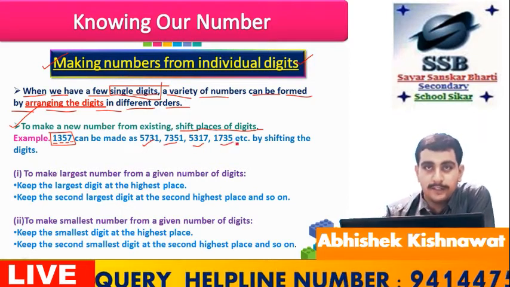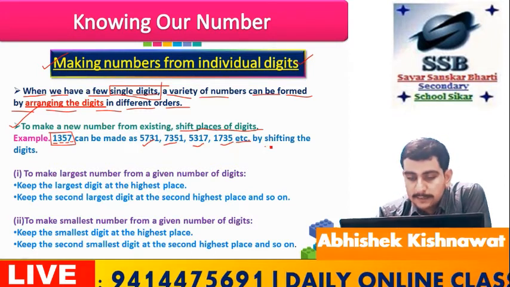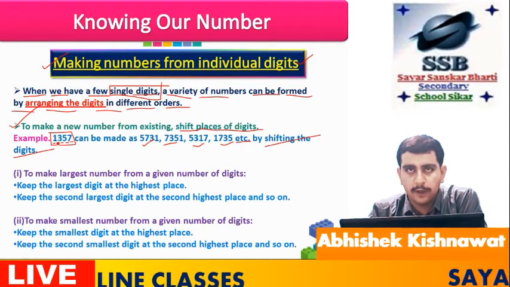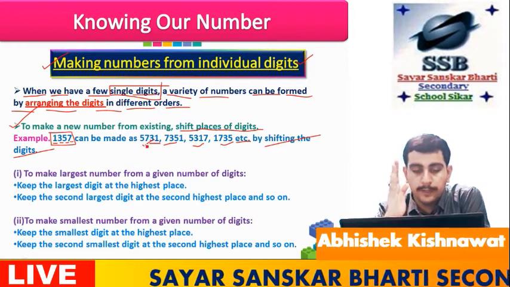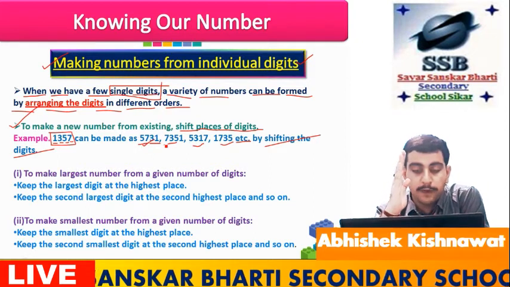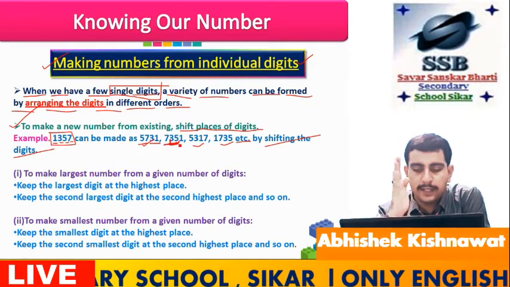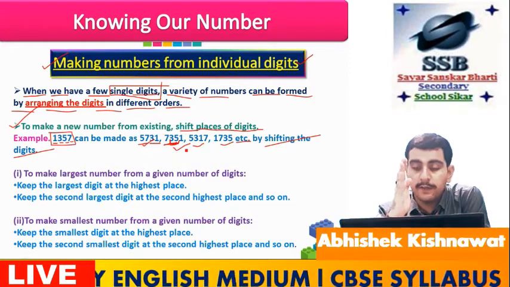You all get it from this example: to make a new number from existing digits, shift the places of the digits. You can see we have the number 1357. What we are doing here is that it can be made as 5731. We just rearrange the digits. Next is 7351. Next one is 5317.